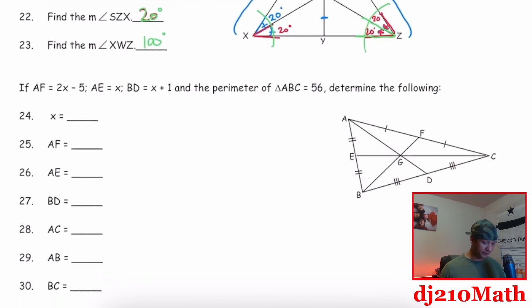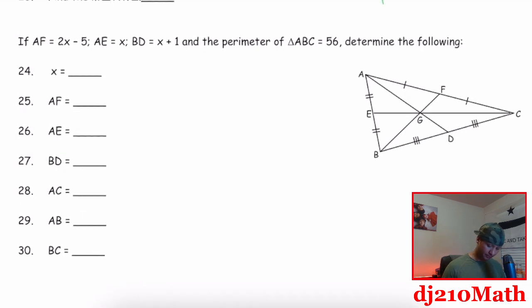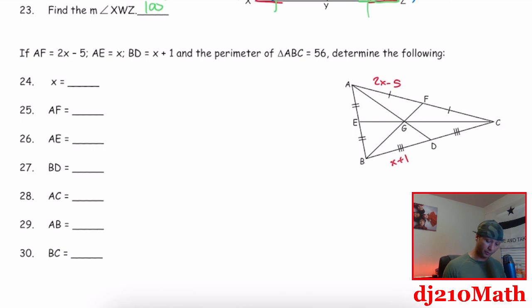All right, the last figure. If AF is 2x minus 5, and BD is x plus 1, and the perimeter is 56. Okay, the perimeter is adding up everything all the way around. So a couple things to note.